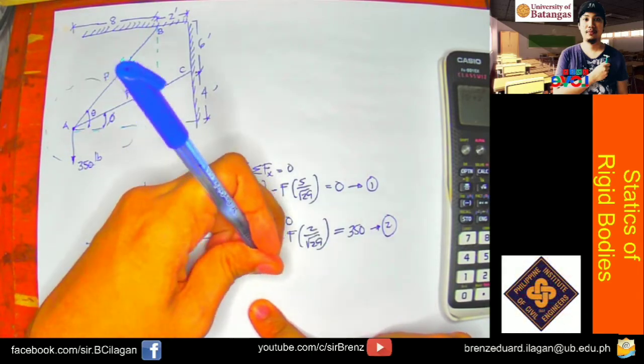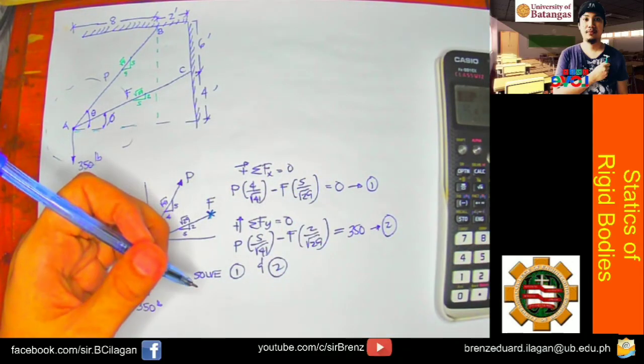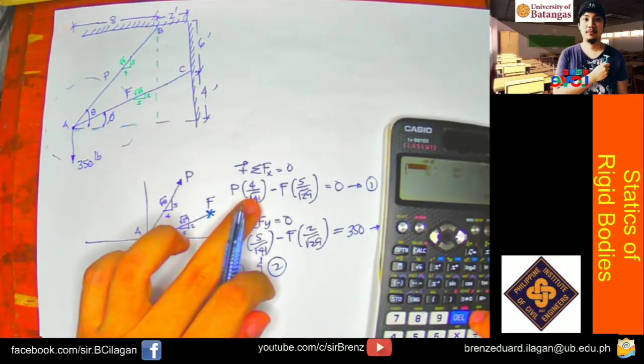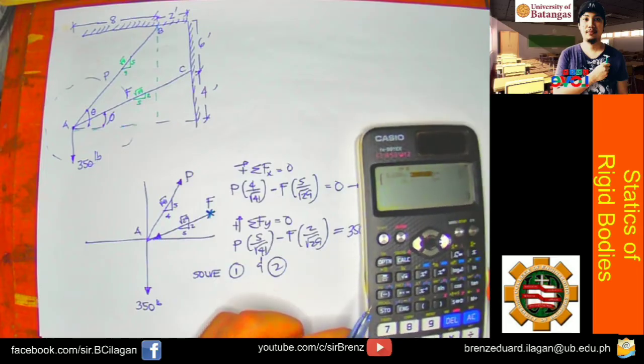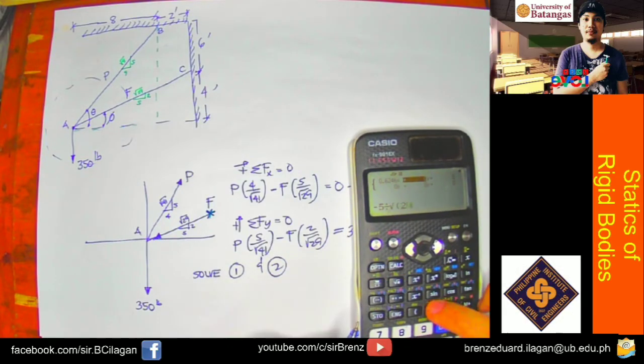So, when we solve equation 1 and equation 2, so by process of elimination, or ang gamitin mo, yung calculator na lang natin, mode 5, 1, 2. So, pack mo lang itong mga to. So, 4 divided by square root of 41, and then negative 5 divided by square root of 29, and 0.